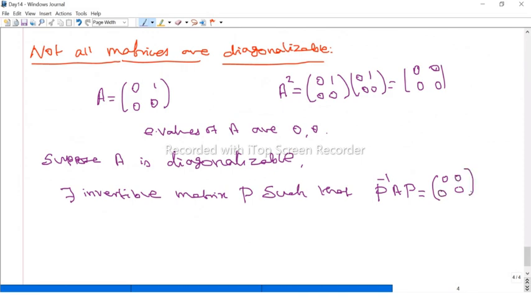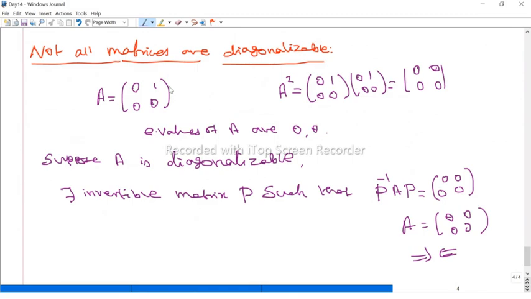So we get the zero matrix. Now multiplying by P on the left and P inverse on the right, we get A equal to the zero matrix, which is a contradiction because in A at least one entry is non-zero. Therefore, if we assume A is diagonalizable, we get a contradiction to our hypothesis that A is a non-zero matrix. Therefore, this matrix is not diagonalizable.